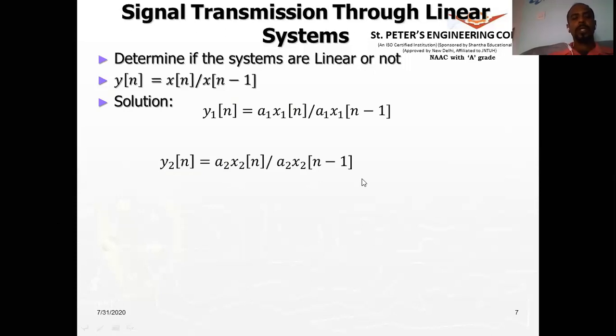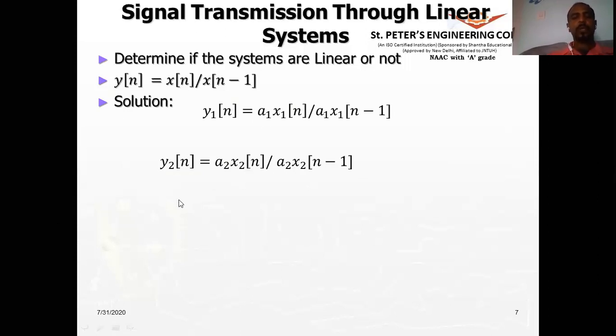So this will be the second output. Now I've given individual signals. Now I'm going to give the total signal, that is a1 x1 of n plus a2 x2 of n. Those are the two signals I've given.